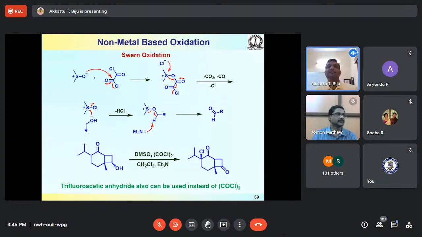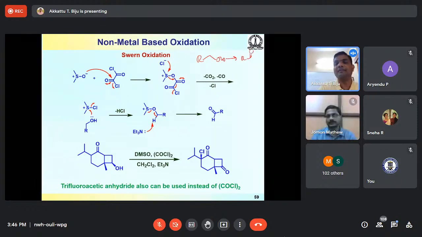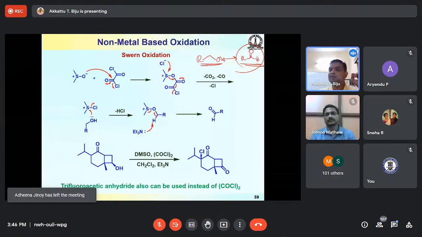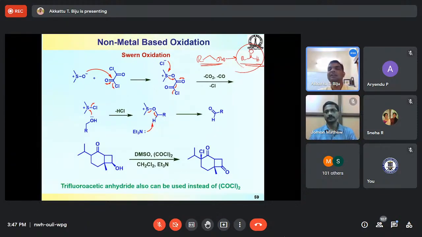So again, these are all oxidation reactions where you convert an alcohol to an aldehyde. And the challenge will be how to stop at the aldehyde, because in most of the oxidation reactions, so even though we say PCC is very selective, sometimes the PCC oxidation can also lead to a little bit of over oxidation of this aldehyde to carboxylic acid.